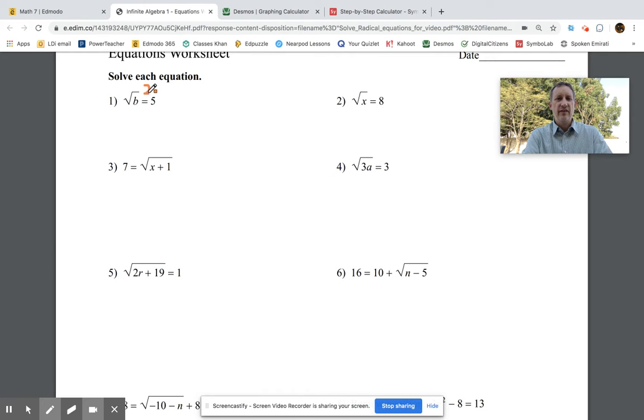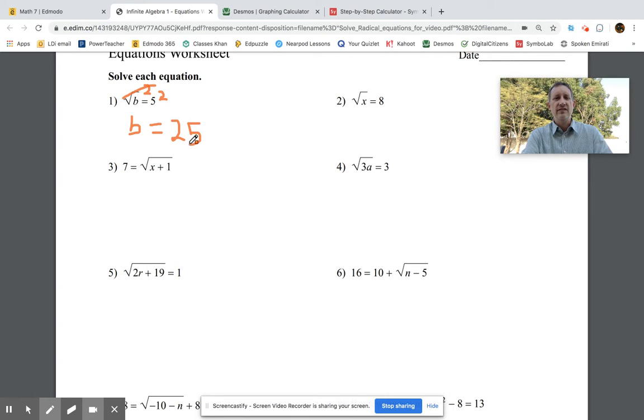So I'm going to square the square root, and I'm going to square 5. This is something you could probably do in your head for a simple equation like this. But it's still good to write down just to get in the flow of solving equations and balancing. So the square and the square root cancel each other out, and you're just left with b. Okay. 5 squared is 25.